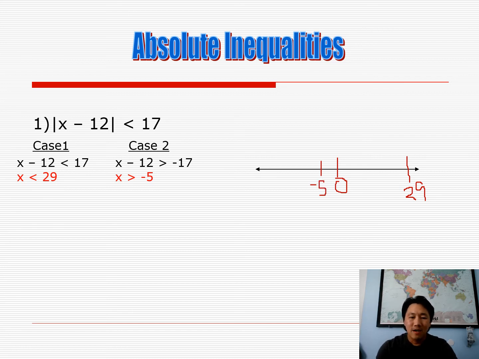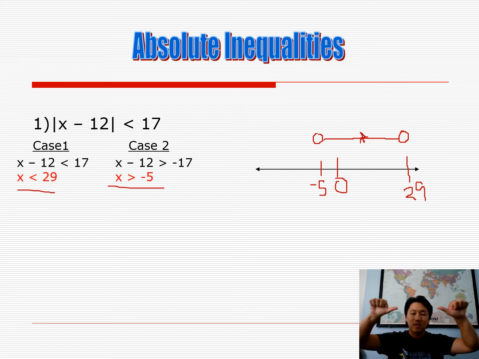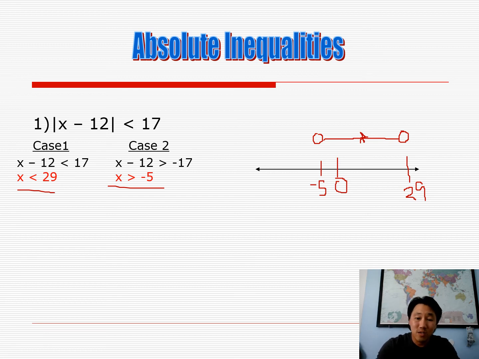Okay? There are open circles. And then x is less than 29 goes this way. And then x is greater than negative 5 goes this way. So it's barbells going in towards each other. Very nice. Let's do another example.